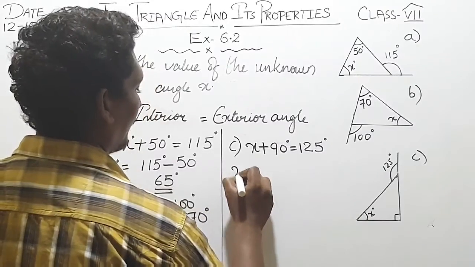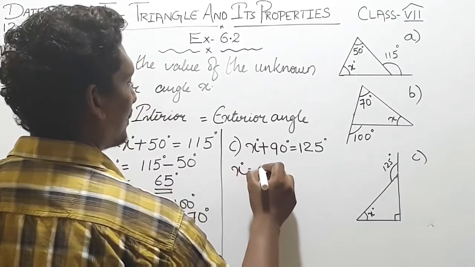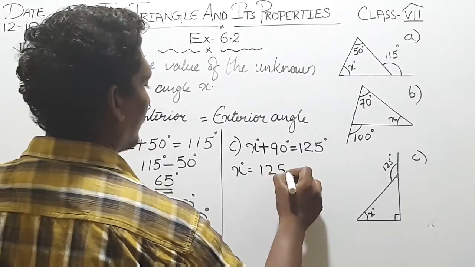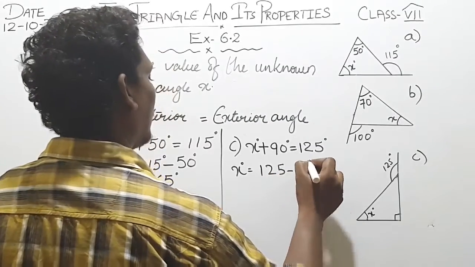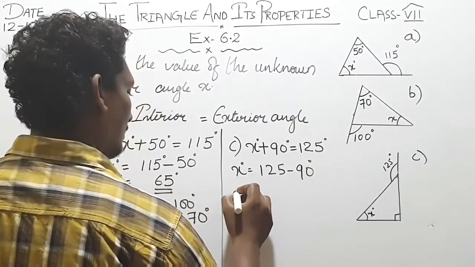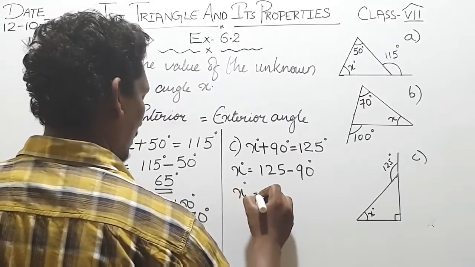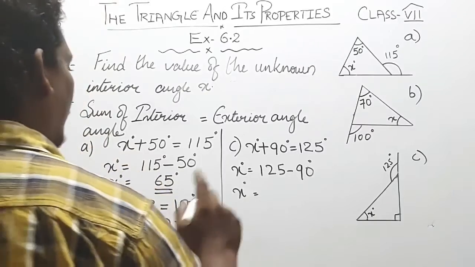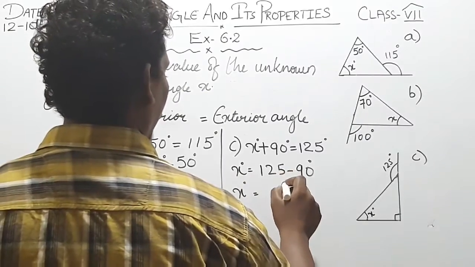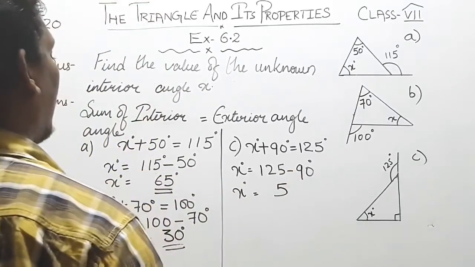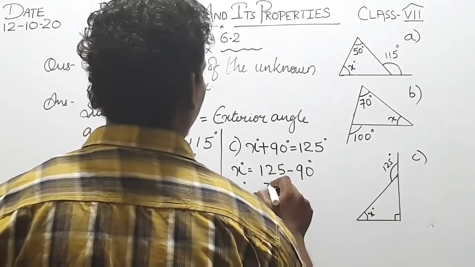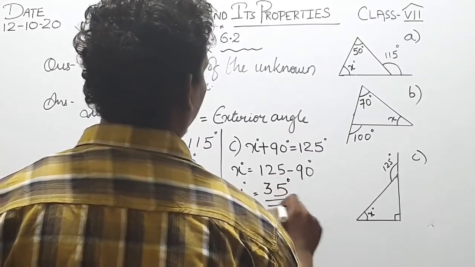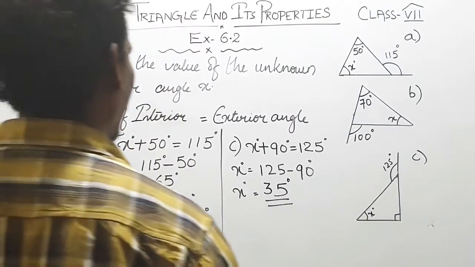So x degree is equal to 125 minus 90 degree. So x is equal to 35 degree.